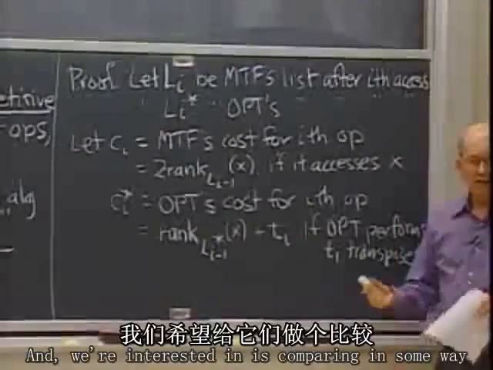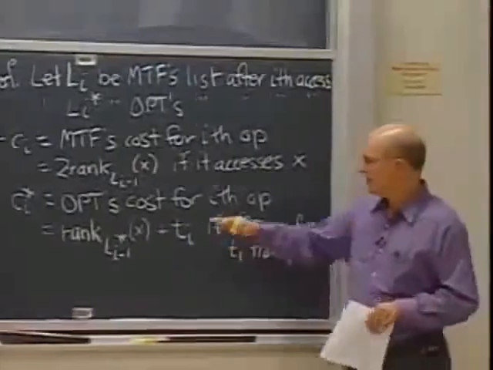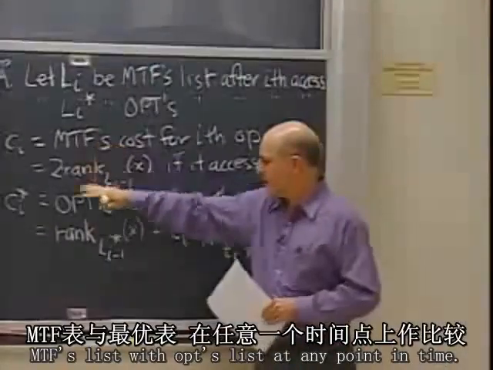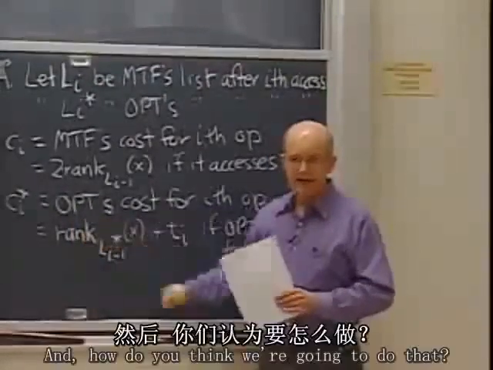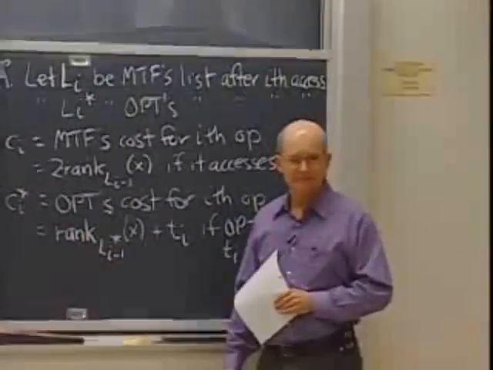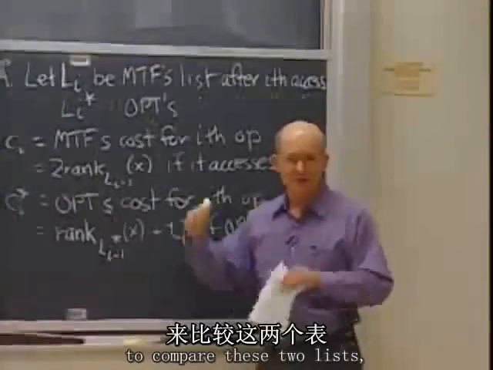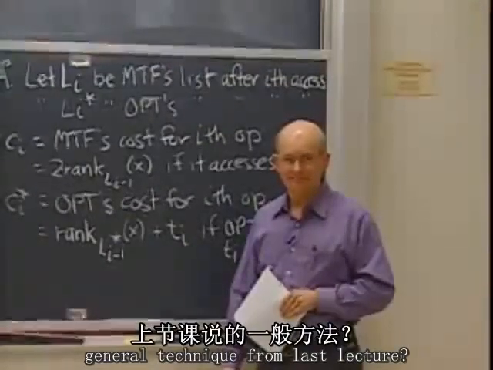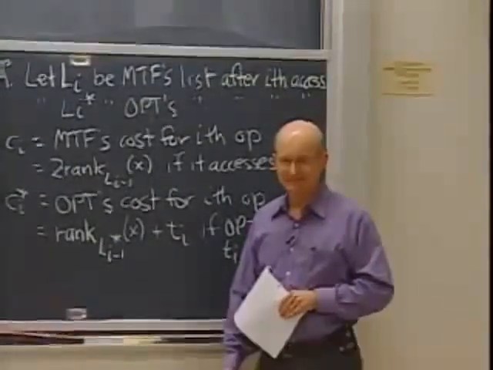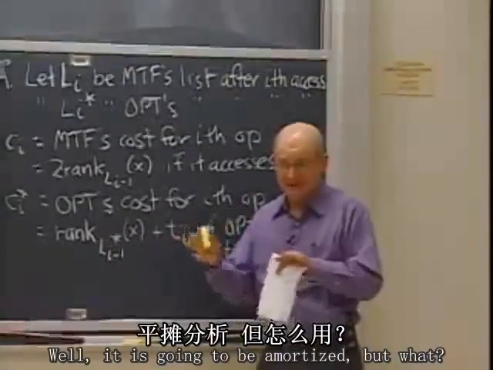And what we're interested in is comparing in some way MTF's list with opt's list at any point in time. And how do you think we're going to do that? What technique do you think we should use to compare these 2 lists? General technique. From last lecture. Well, it is going to be amortized, but what?